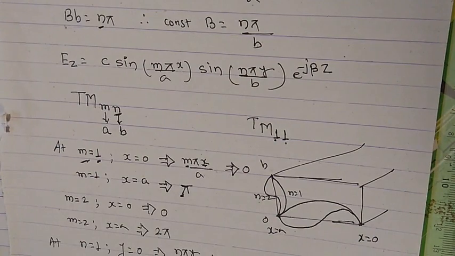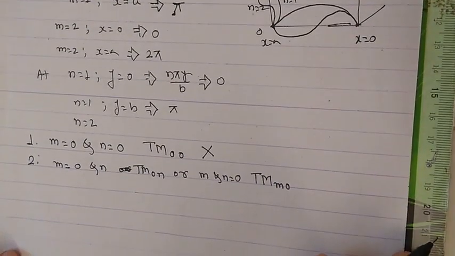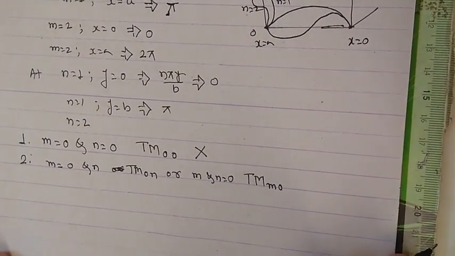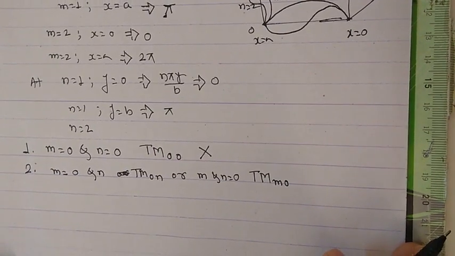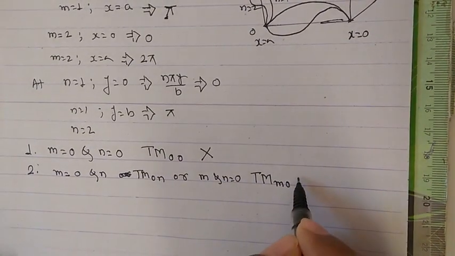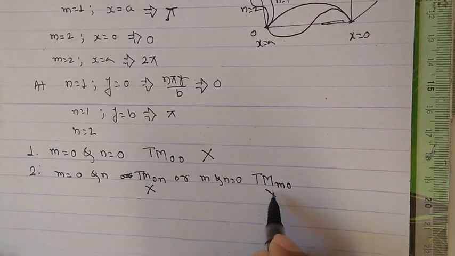So this is also not possible. Fields will not survive if any of these indices is 0. So these modes also do not exist in a rectangular waveguide.